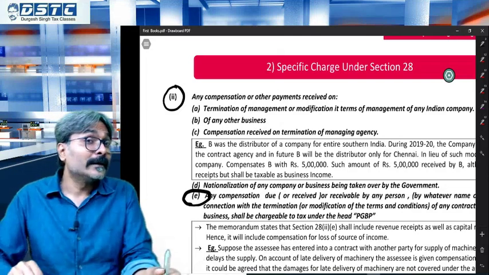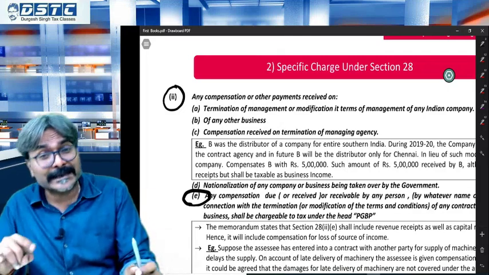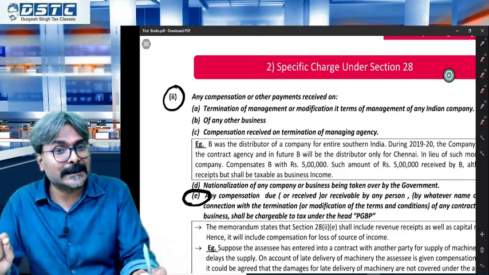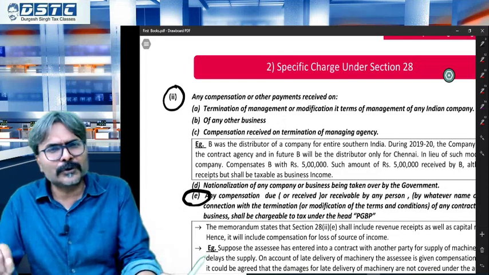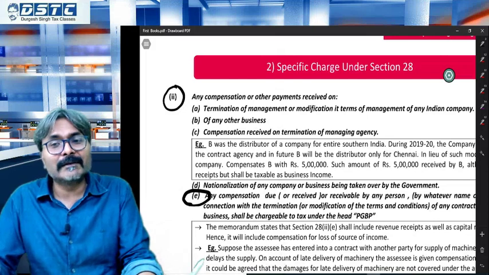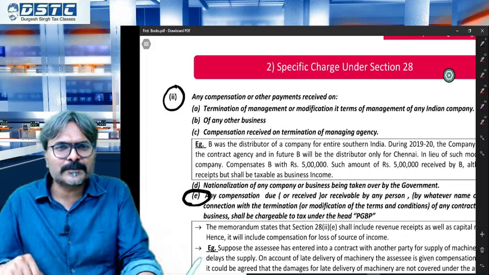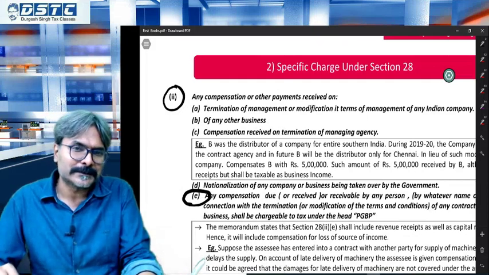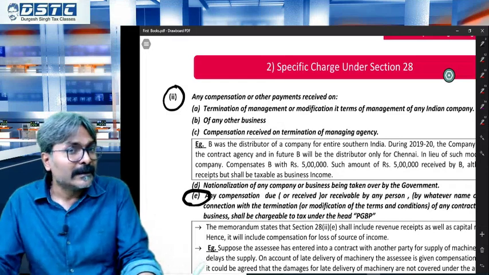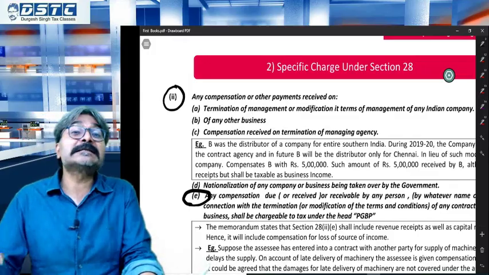The lawmaker or the parliament would have defined this amount as income first, because they know that if they don't do that, they will never get the mandate to tax it. That is the reason why they have defined this particular amount as income first, and thereafter they have to target a suitable head. Which head is more appropriate? PGBP. And that is where it is specifically charged.